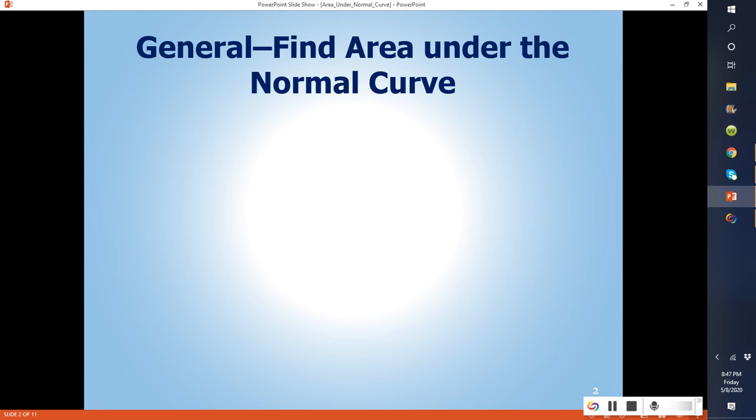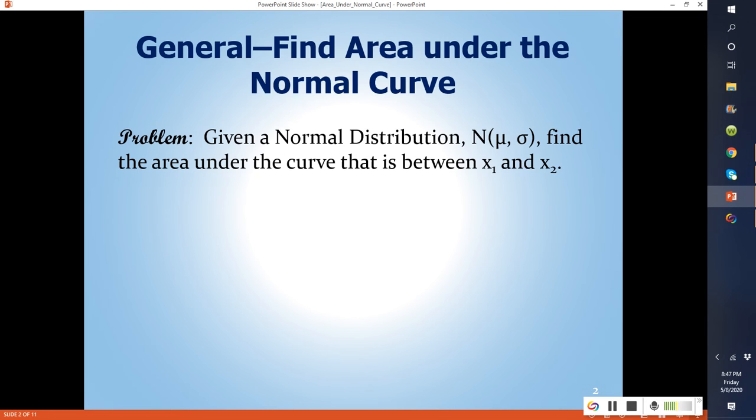So in general, you would be asked to find the area under the normal curve, and the problem would read something like, given a normal distribution, and sometimes we use this notation which denotes a normal distribution, N open paren mu comma sigma close paren, where the mu denotes the mean and sigma denotes the population standard deviation.